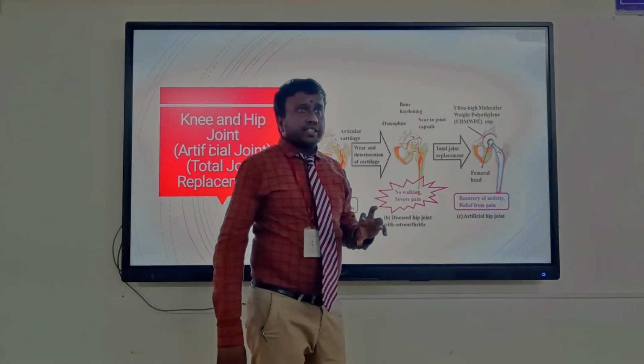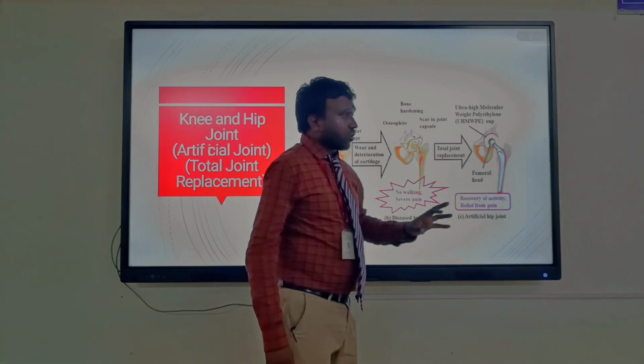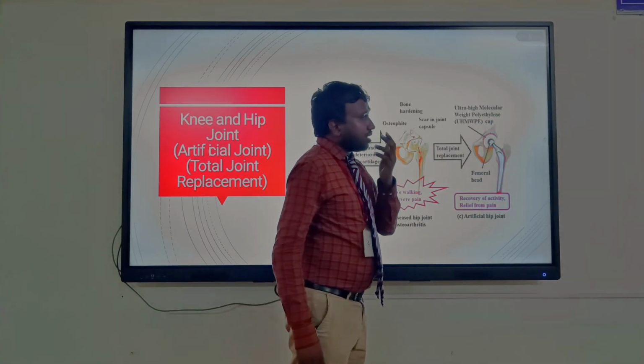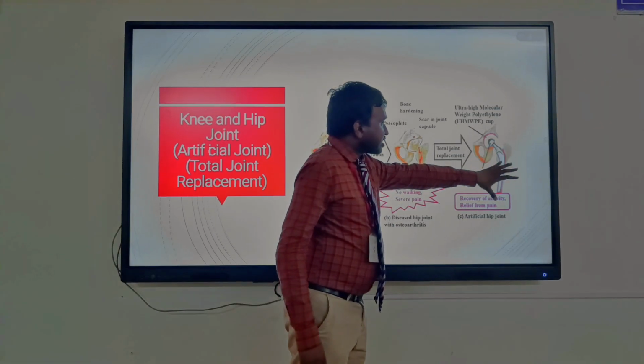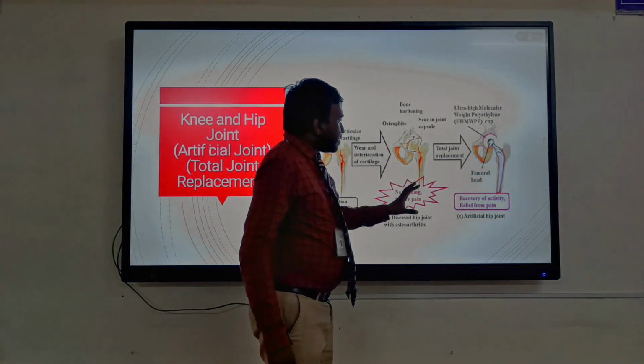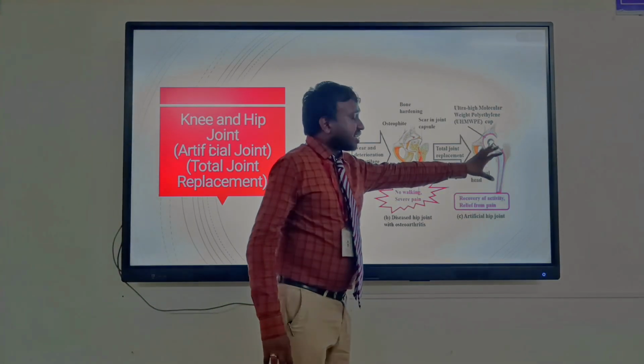This cap acts as a bearing; it transfers the load and also rotates. So we place a molecular polyethylene cap and the stem is fully implanted, and this relieves the person from the pain. It will act as a new joint.